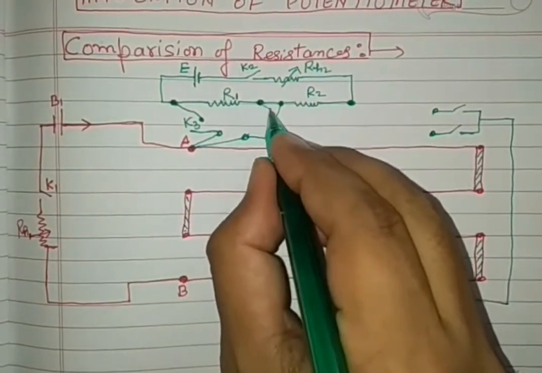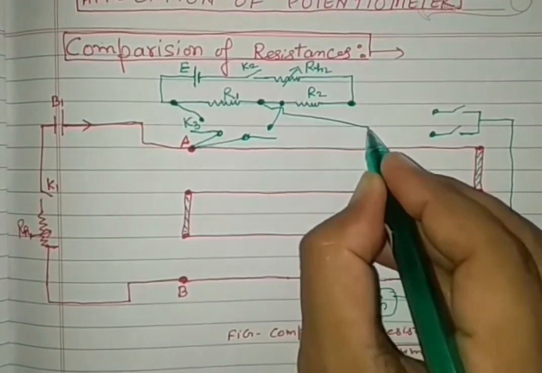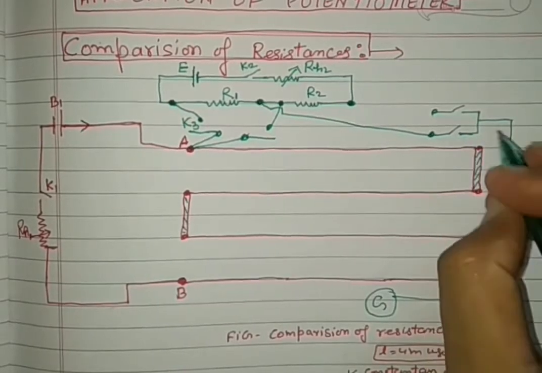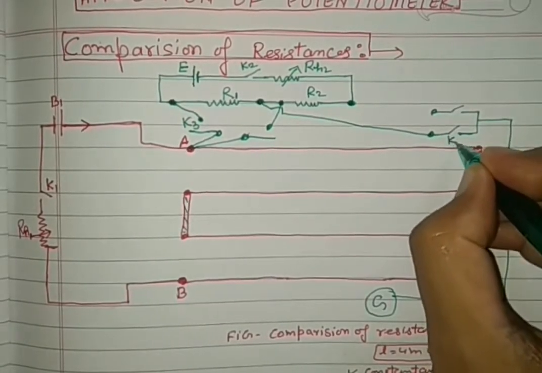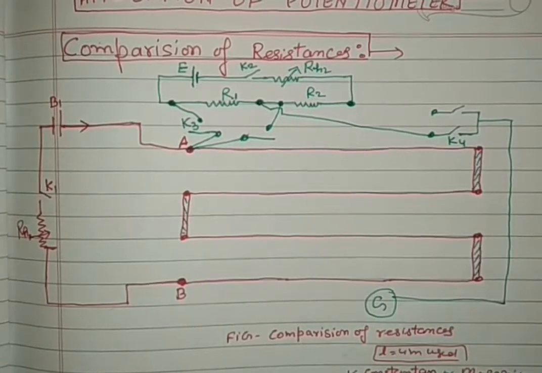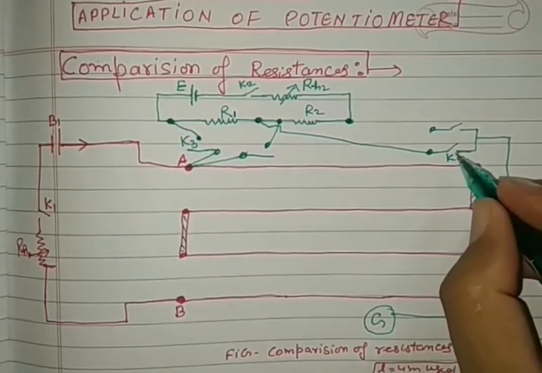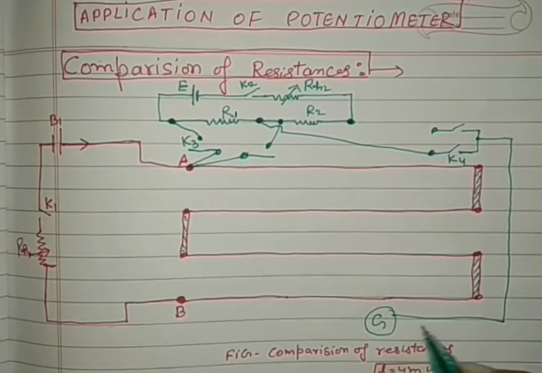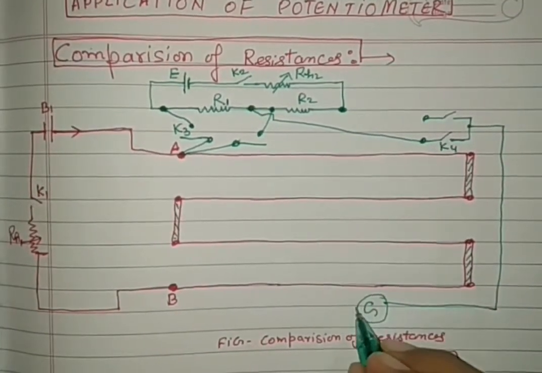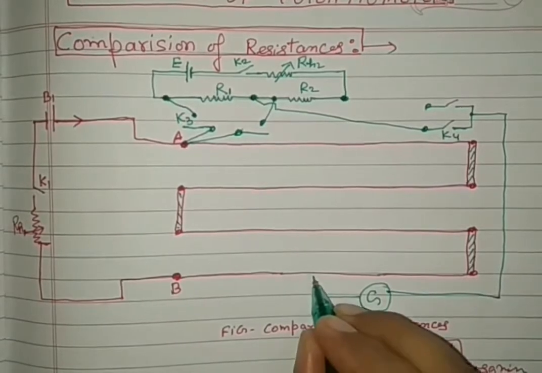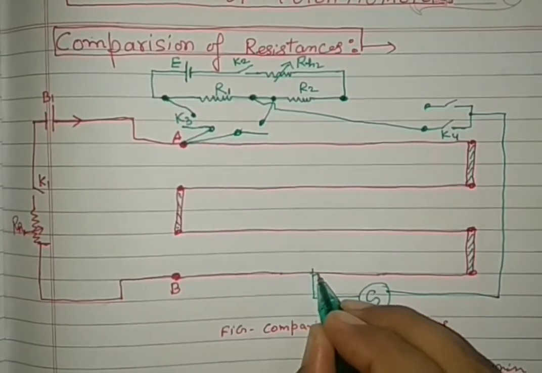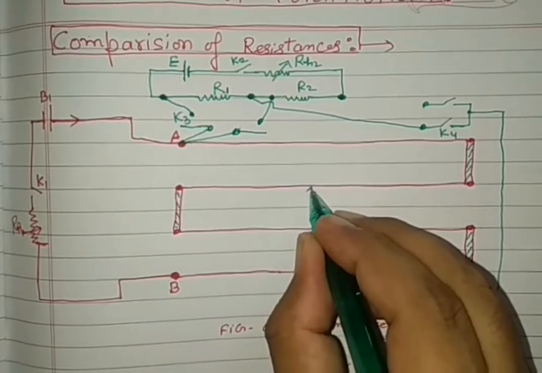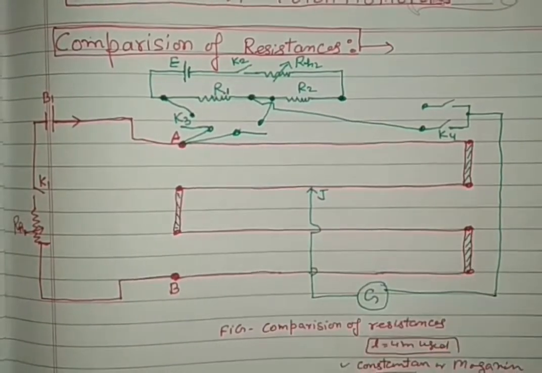This first resistance is connected with this terminal, where there is the K4 key. Now it passes through this K4 key. Here it is connected with a galvanometer, and thereafter it is connected with the jockey.